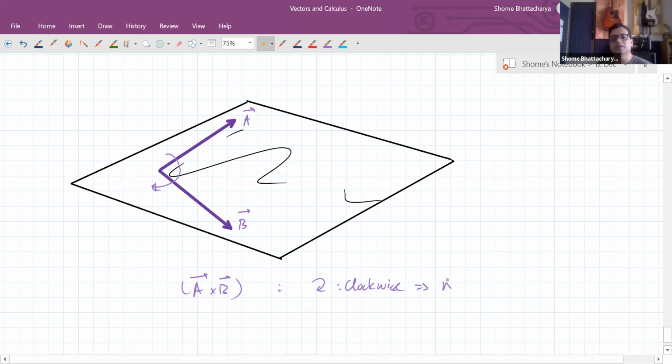So that would have told me that n cap is going into the plane.